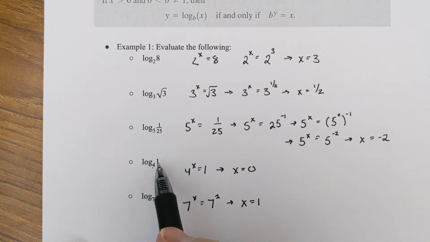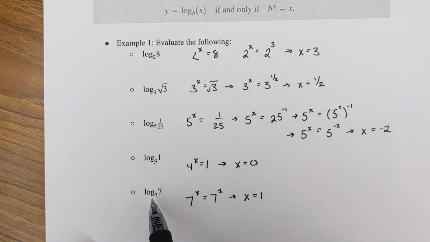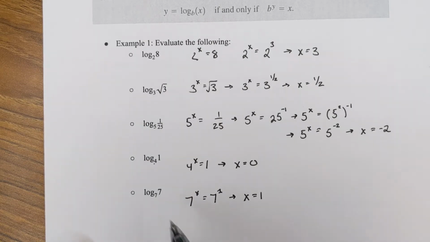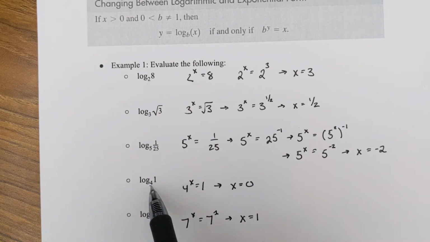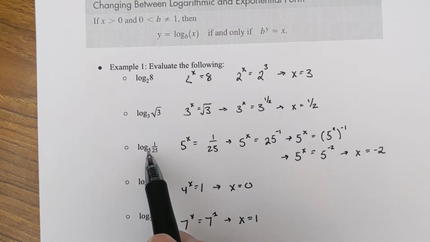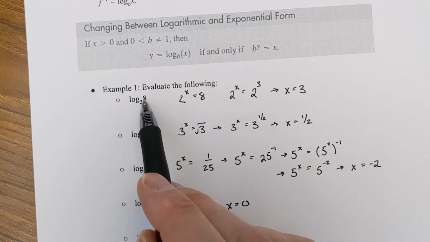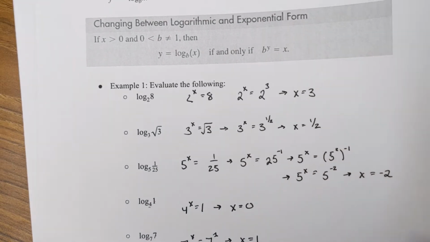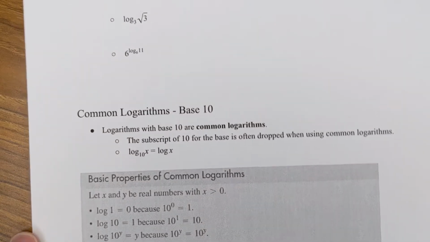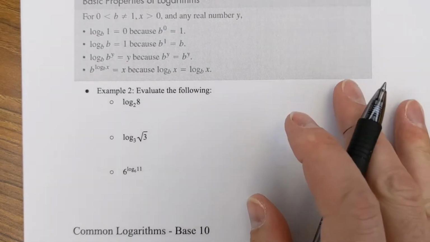The log of 1 in any base is always 0, because 0 is the only exponent that returns 1. If the base and the value are the same, the log is equal to 1. 7 to the first is 7. 4 to the 0th is 1. 5 to the -2 is 1/25. 3 to the half is the square root of 3. 2 cubed is 8. So the logarithm returns the exponent.